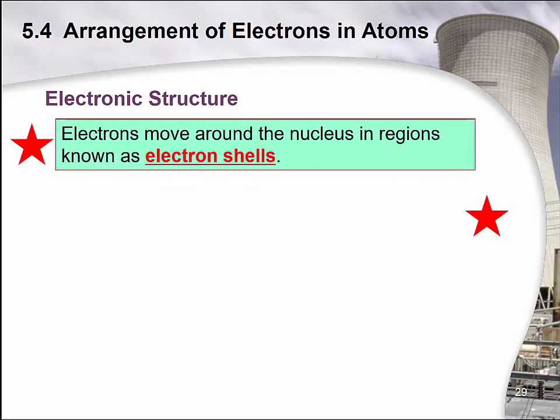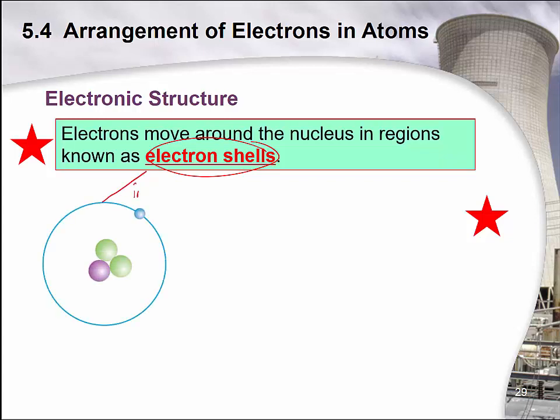So electrons move around the nucleus in regions known as the electron shells. Take note of this term, electron shells, and these are all imaginary paths. Okay, this is an electron shell, an imaginary path. There's no physical path actually.